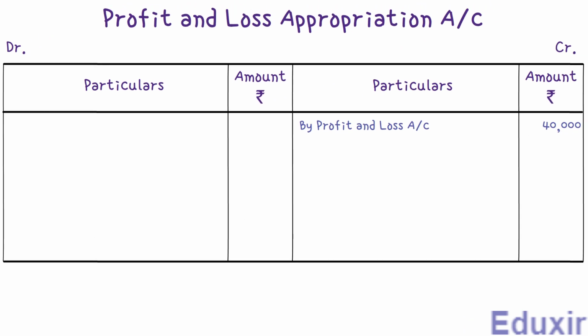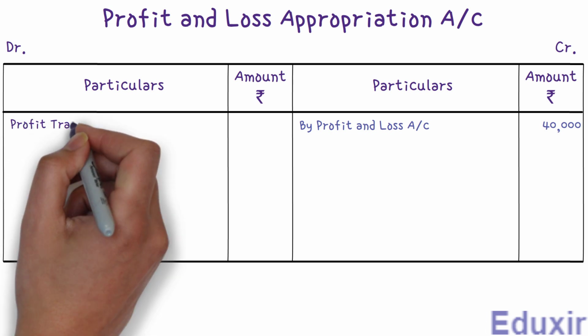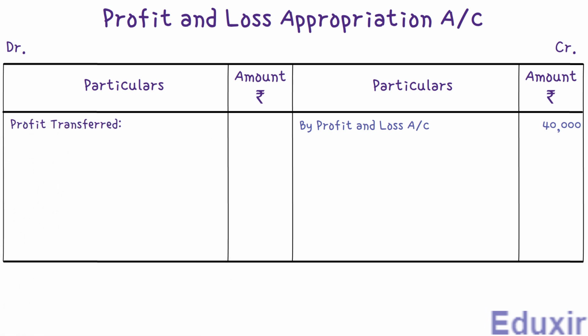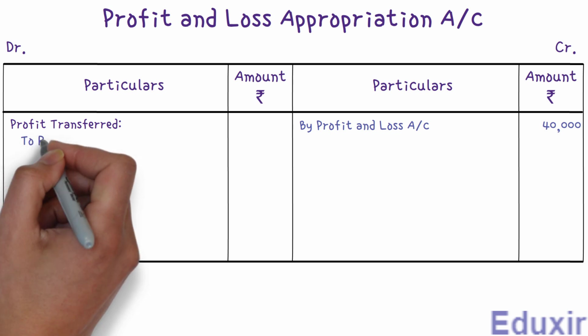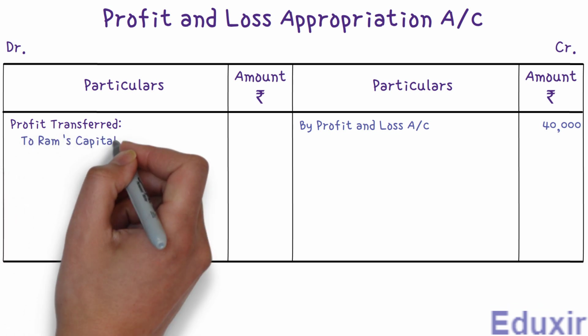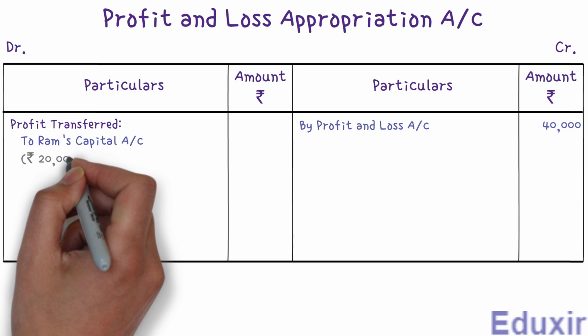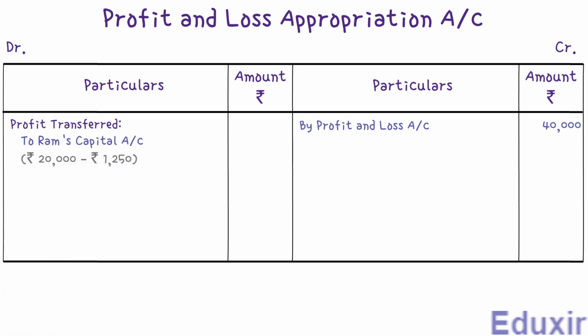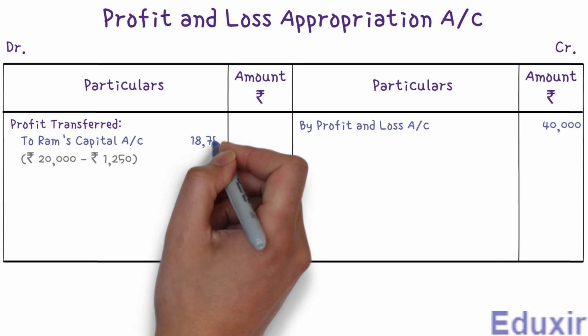Let us first write the subheader profit transfer in the particulars column on the debit side. Let us then write to Ram's capital account. Let us then write 20,000 rupees minus 1,250 rupees to give an idea of how the partner Ram's profit share is calculated. Let us then write his profit share amount of 18,750 rupees.